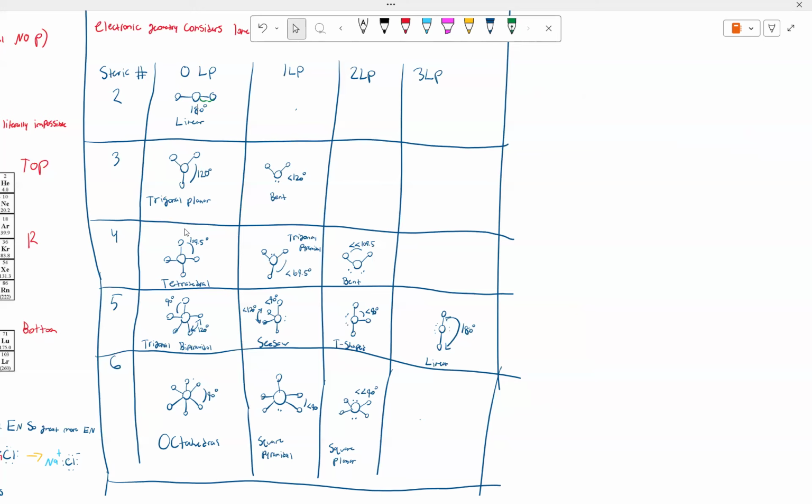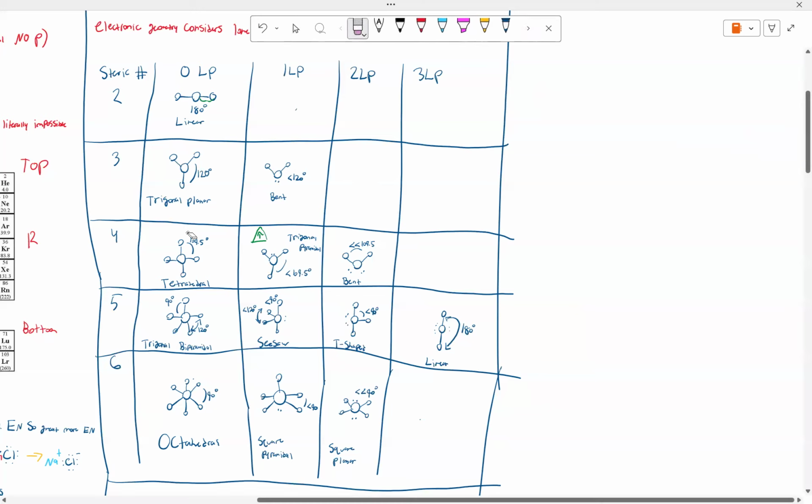It still has three bonded groups, but it has more of a pyramid shape because the electrons of the lone pair are kind of above it, giving it a tall shape, like a pyramid. It points up, whereas trigonal planar is more flat. I can't really draw 3D, but yeah.